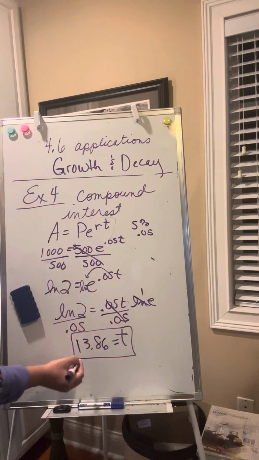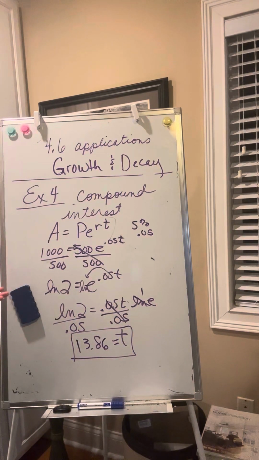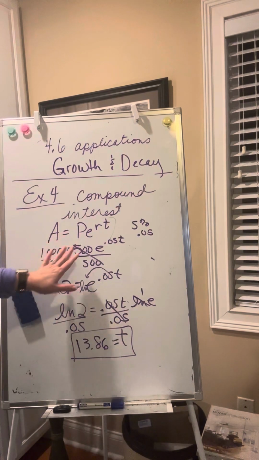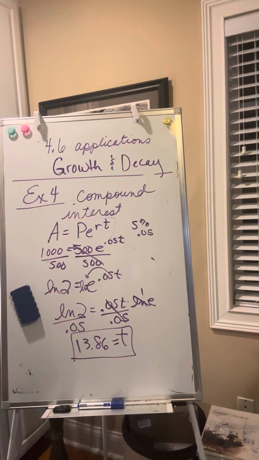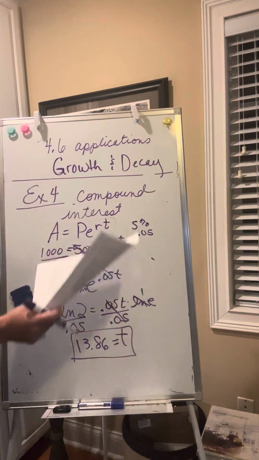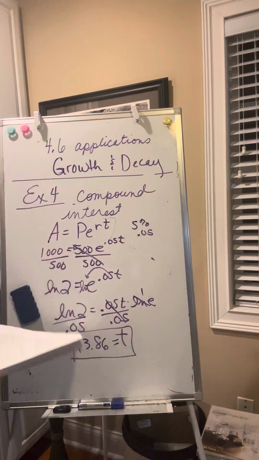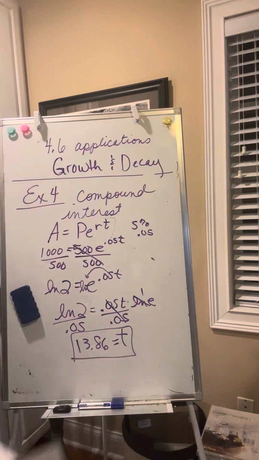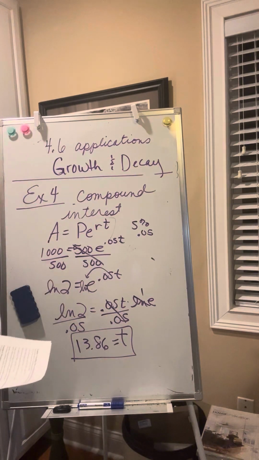That's how many years it takes really any amount of money to double. Like I said, it doesn't really matter. This $500 is kind of arbitrary. It could be any amount. So any amount of money at 5%, compounded continuously, should double in about 14 years. So you might wonder, well, what if it's at 6% or 7%?